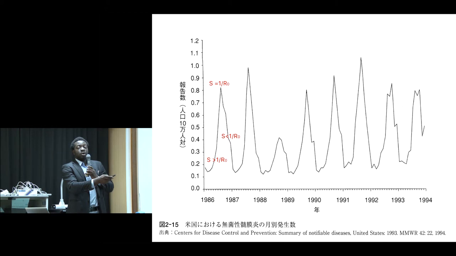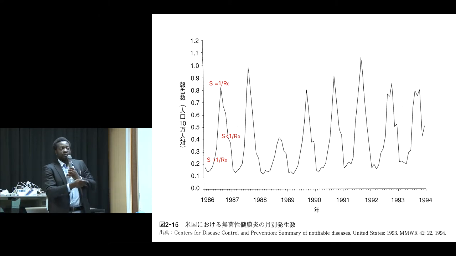And it reaches the point where the proportion of susceptible becomes equal to 1 over R naught. The infection cannot increase anymore here. And then when it becomes less than 1 over R naught, the infection goes down. We don't have many susceptible and the infection drops.